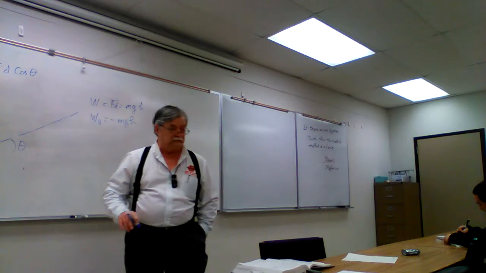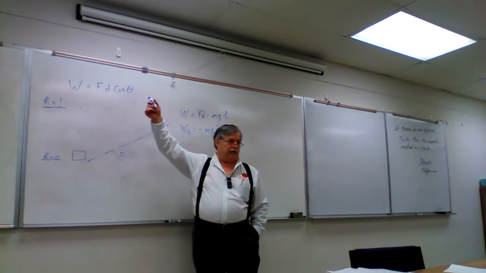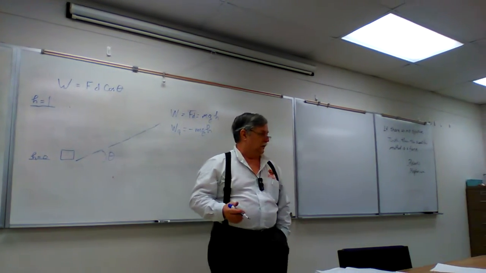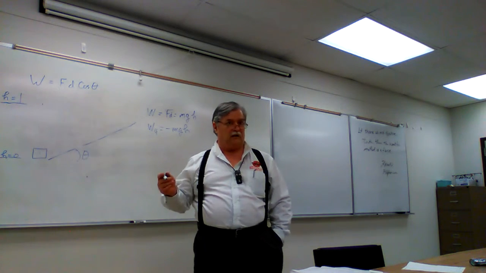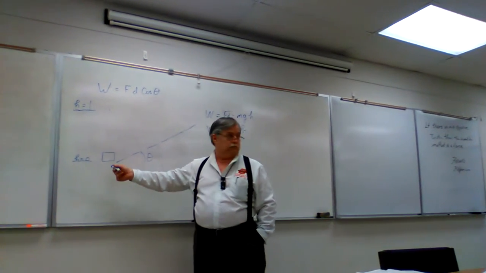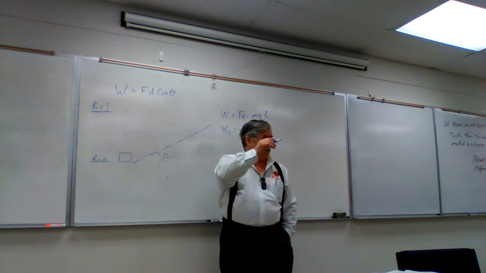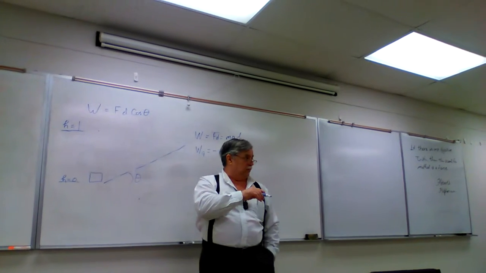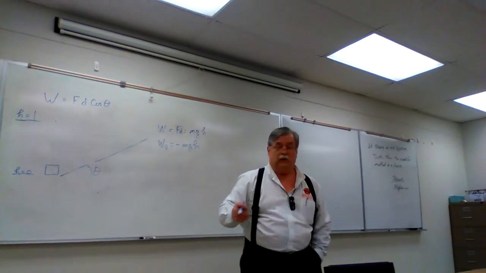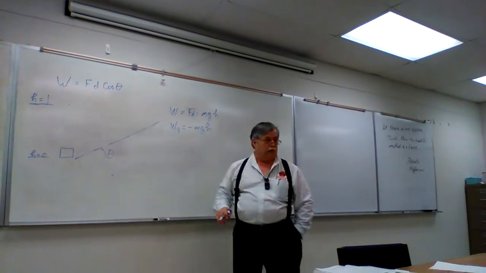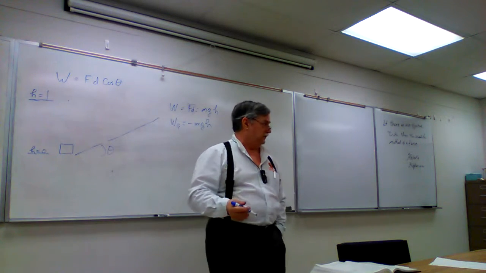Now, what's the total work done moving that box up that distance, h? The total work done on the box is 0. Okay? But the work done by you is equal to mgh. The work done by gravity is equal to the negative of that, minus mgh.